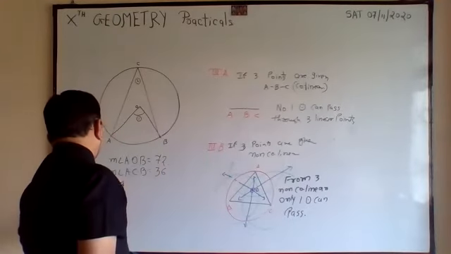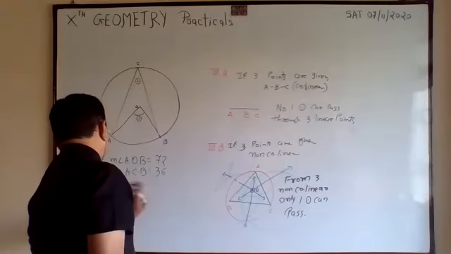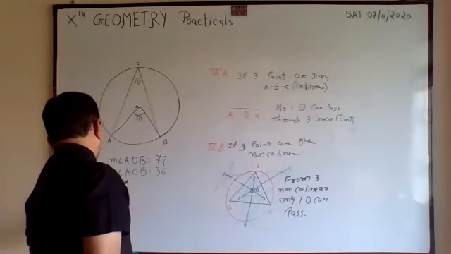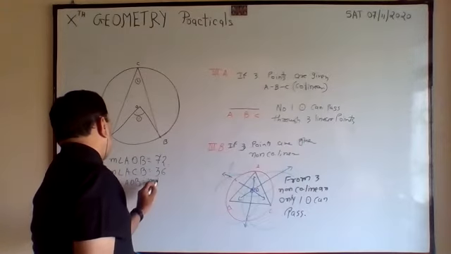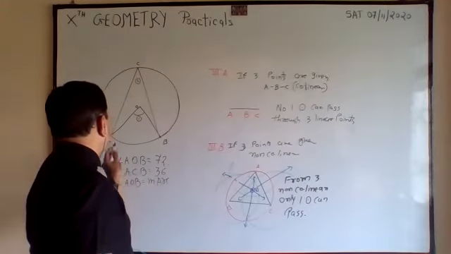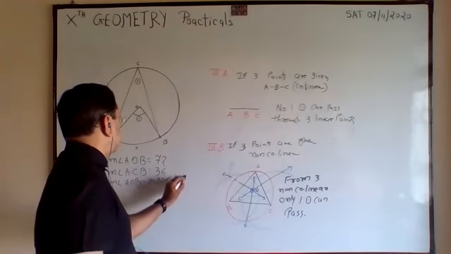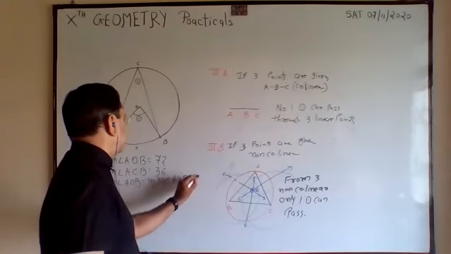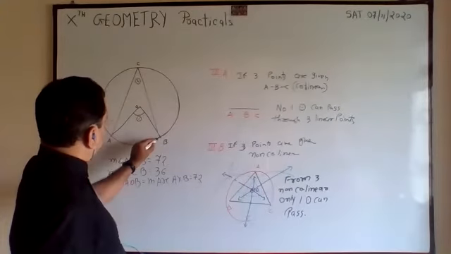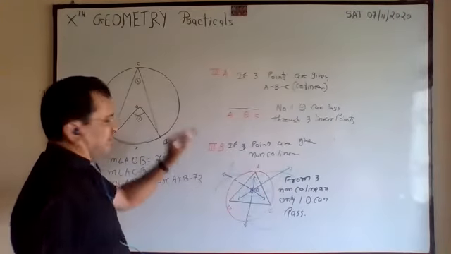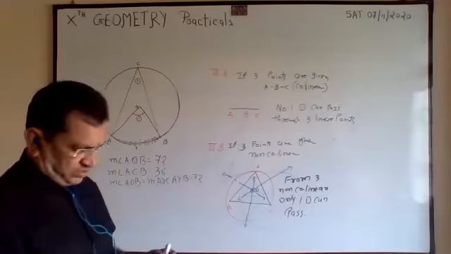So from that you can write measure angle AOB is equal to measure arc AXB. Measure of central angle is equal to measure of arc. Just correct.